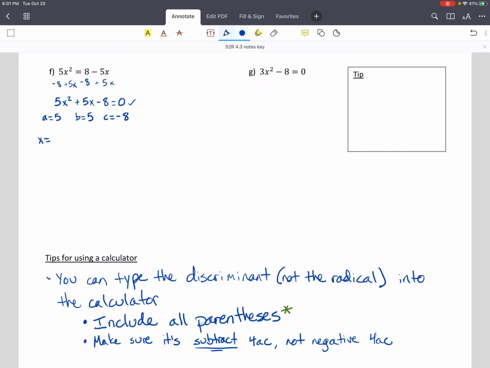x equals -b, b is 5, so -b is -5, plus or minus the square root of parentheses b squared minus 4 times a, which is 5, times c, which is negative 8, all over 2 times a, which is 5.